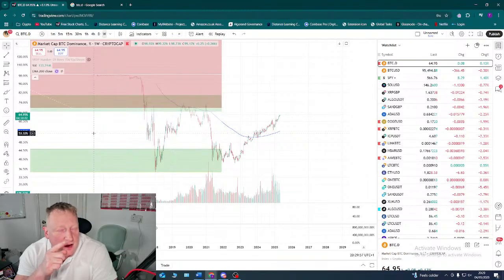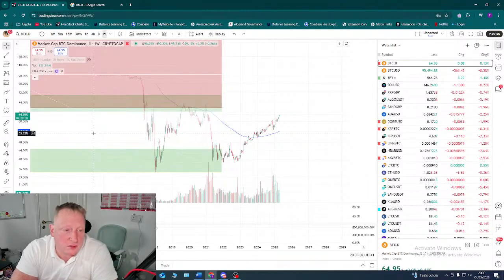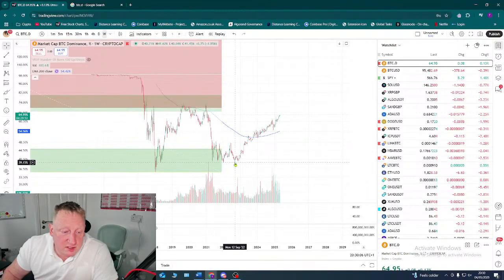And now Bitcoin has massively outperformed altcoins, and has done since 22, where it's just gone up and up and up.